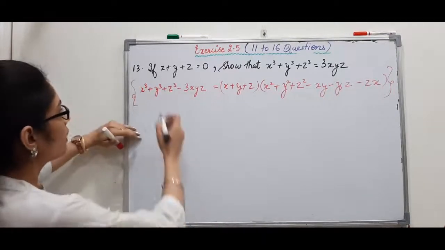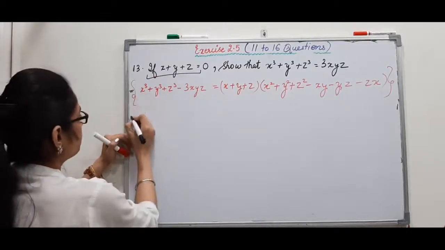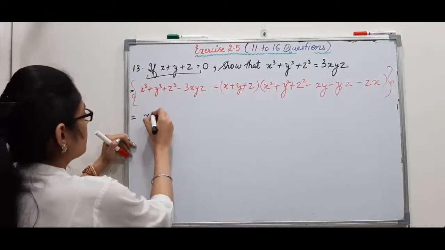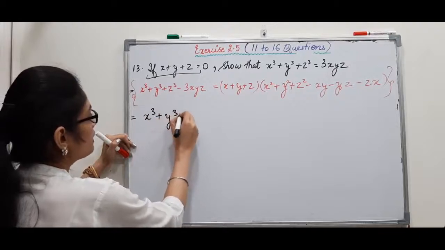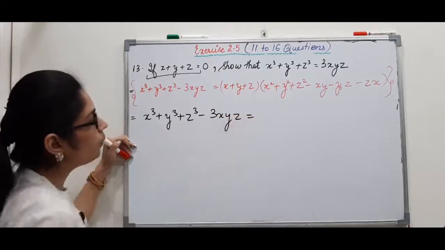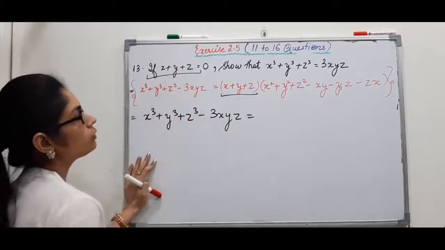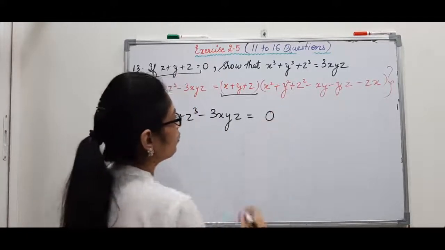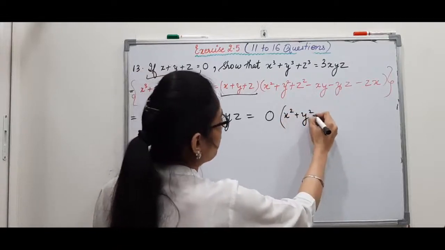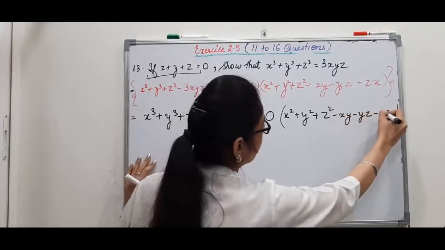So how to use it? It's given x plus y plus z equals 0. So you can start from here. Directly you can write the identity, x cube plus y cube plus z cube minus 3xyz equals, now this thing x plus y plus z is equal to 0. So we can write 0 in place of this, 0 into x square plus y square plus z square minus xy minus yz minus zx.